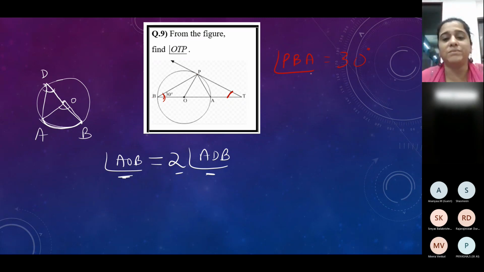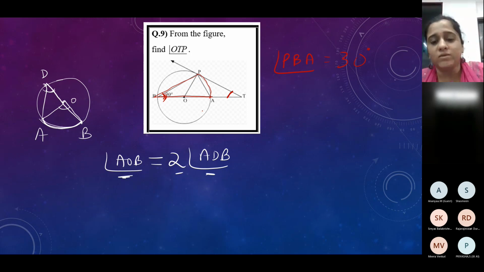PA is the arc. And which is the point on the circumference? B. See here, the arc PA subtends angle PBA at the point B on the circumference of the circle.